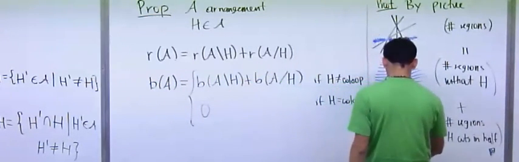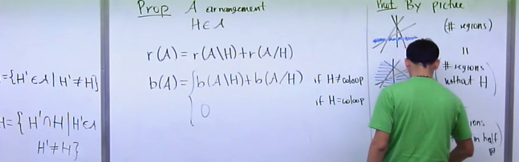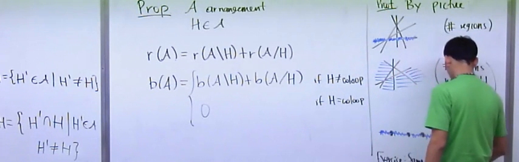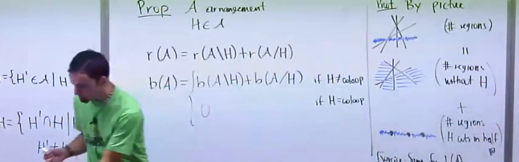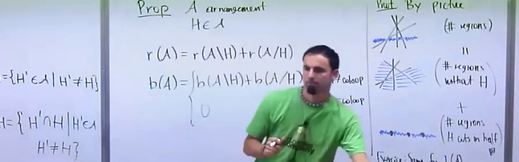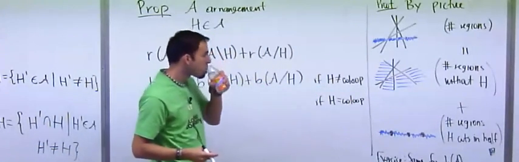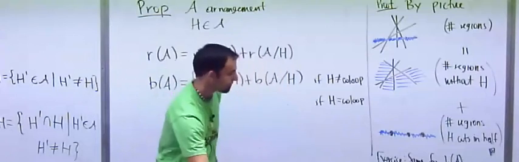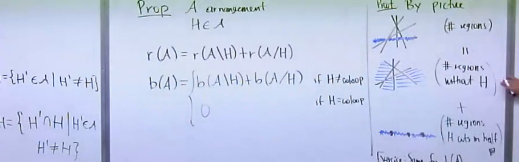I'll leave it to you as an exercise, but it's really the same thing. Okay. Any questions about that? Regions of A equals regions of A minus H plus regions of A contract H.